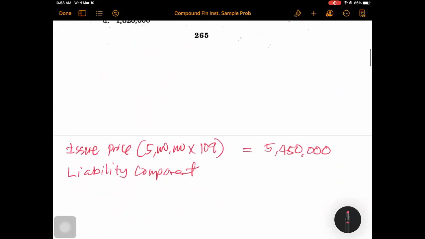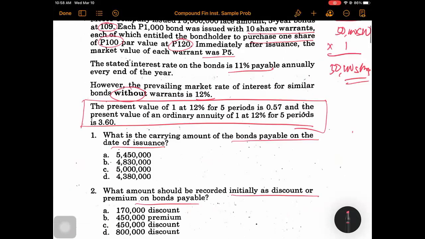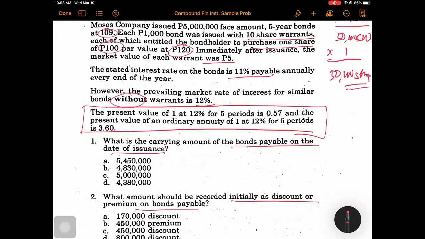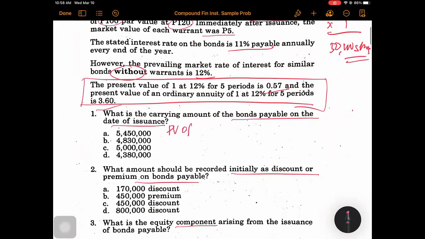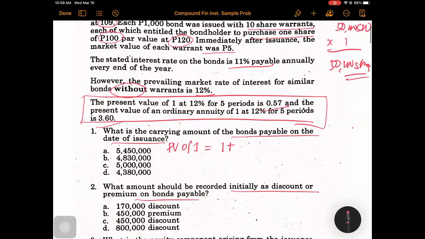Okay, so gi-compute, di ba? Swerte kay gihatag na sa problem ang PV of 1, PV of ordinary annuity. You have 0.57 and 3.60. But if ato siyang tinamba, PV of 1, that's 1 plus pila atong rate? Effective rate 12%.